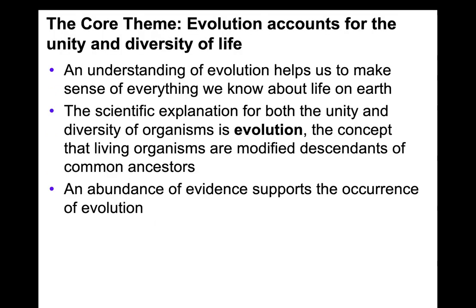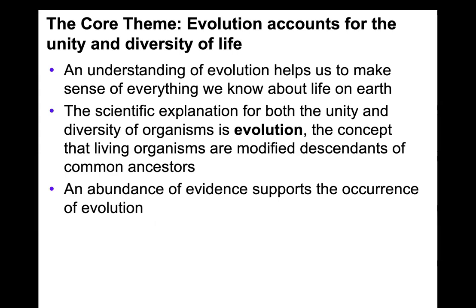So evolution accounts for the unity and the diversity of life. An understanding of evolution helps us to make sense of everything we know about life on Earth. The scientific explanation for both the unity and diversity of organisms is evolution, the concept that living organisms are modified descendants of a common ancestor.